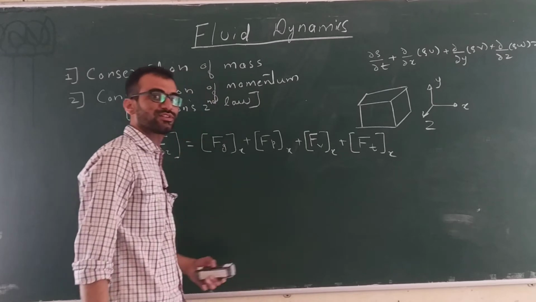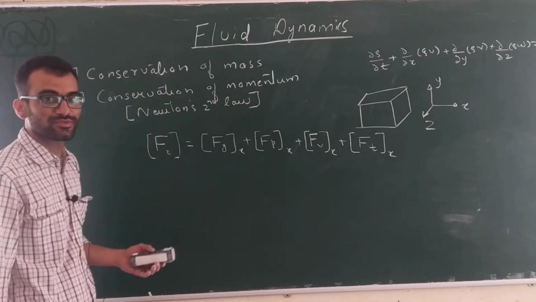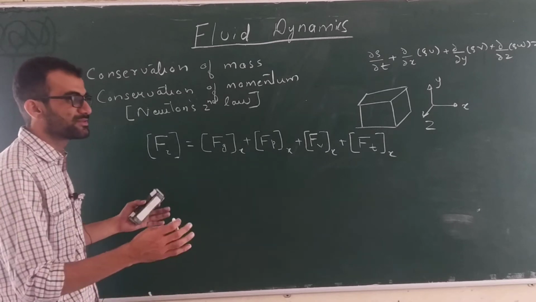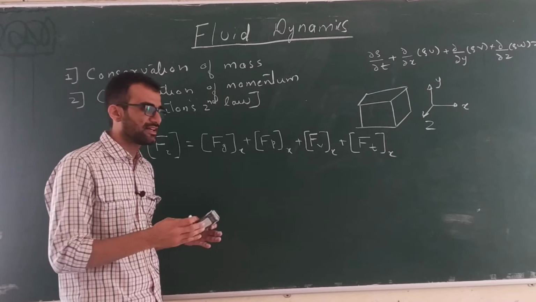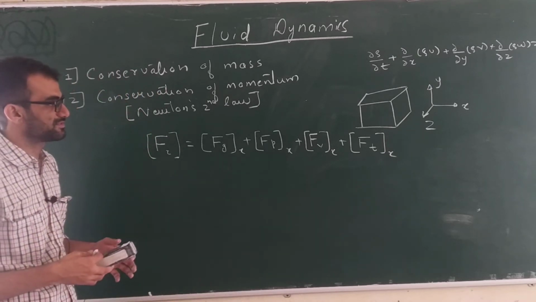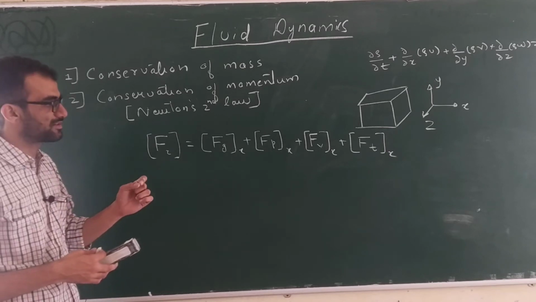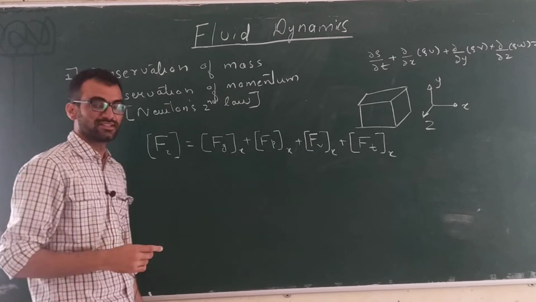Now there are other forces also, like the surface tension force. But our problems in civil engineering are of a scale where dimensions are large, so surface tension forces are negligible in our problems. Then another force is the force due to compressibility.